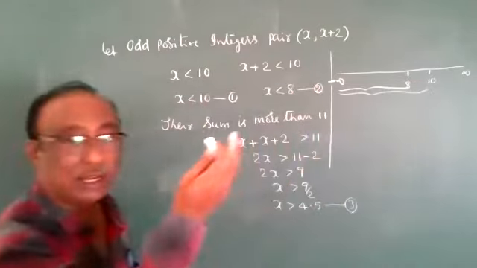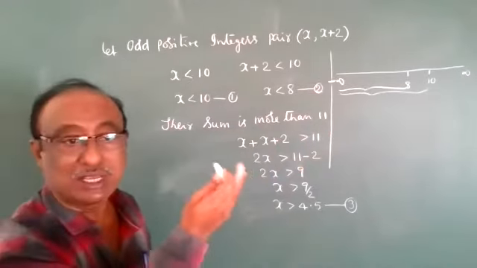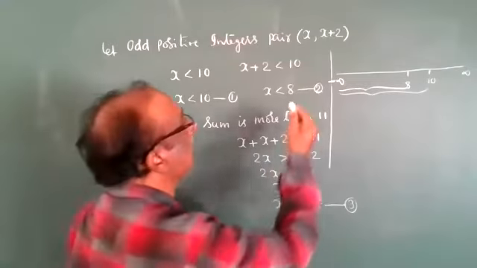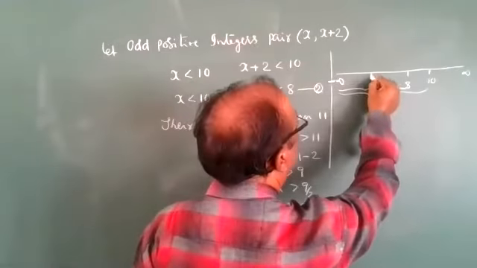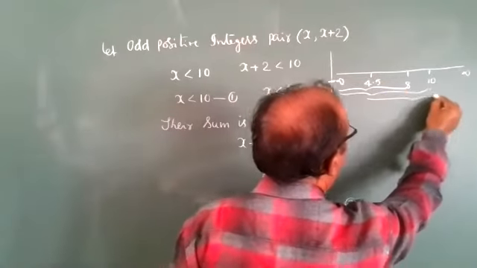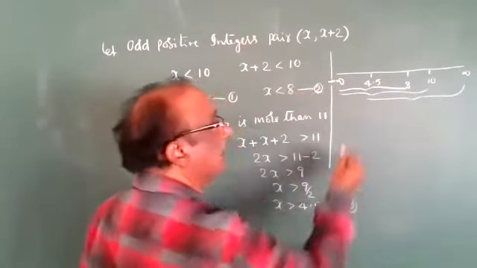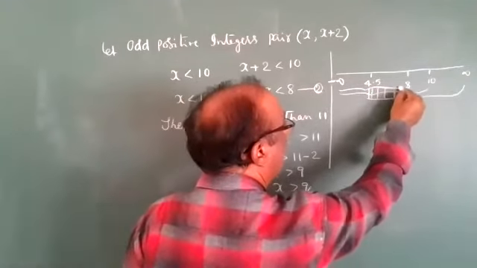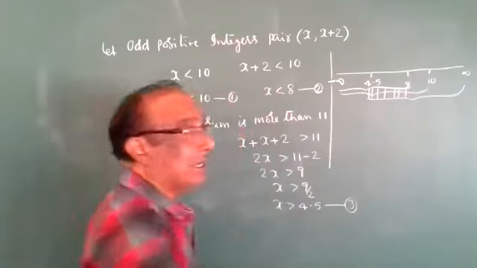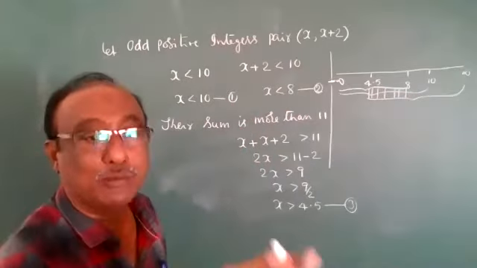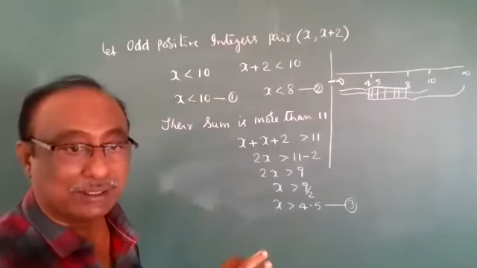So 8, 7, 6 decreasing, less than means decreasing. Next, from 4.5 increasing up to infinity. The three lines are common up to 8, so above 4.5 and below 8.